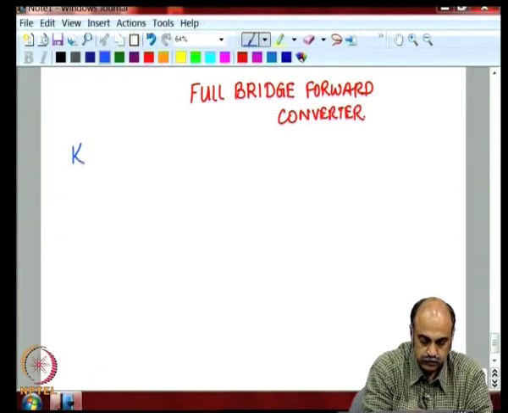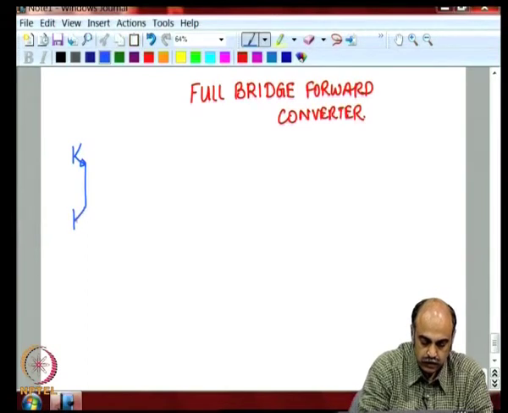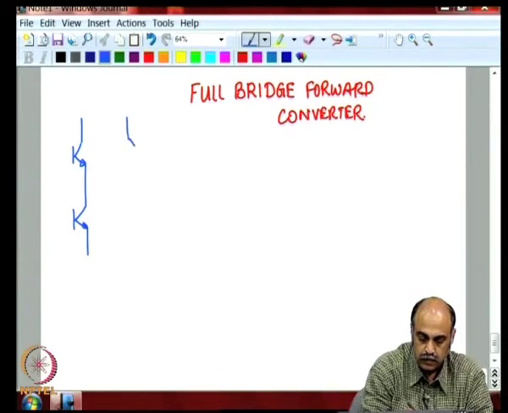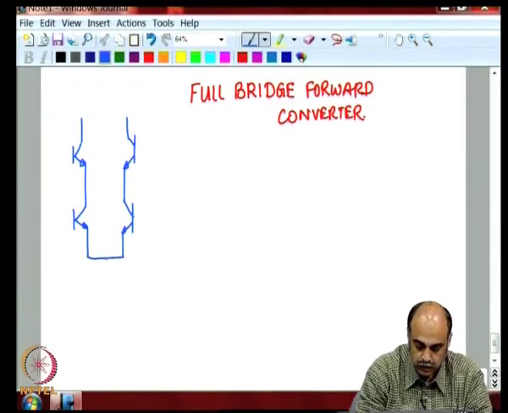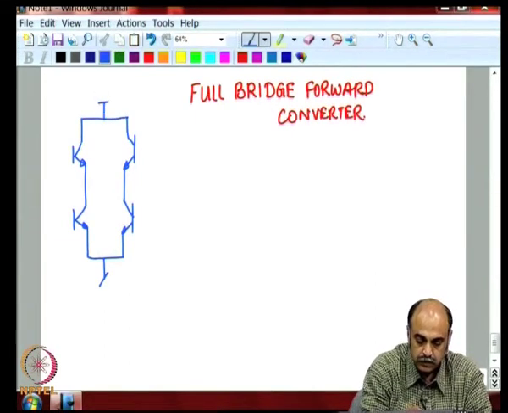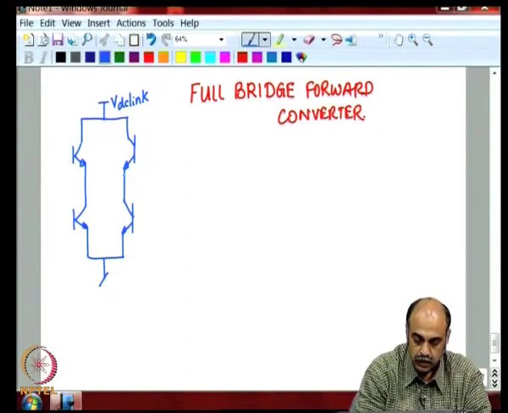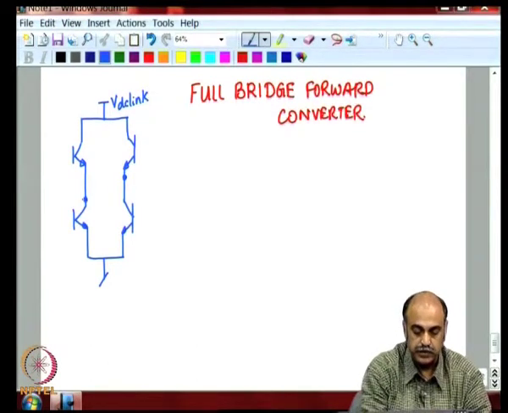We have these transistors, and let us have a power supply which provides the DC link input across the bridge.